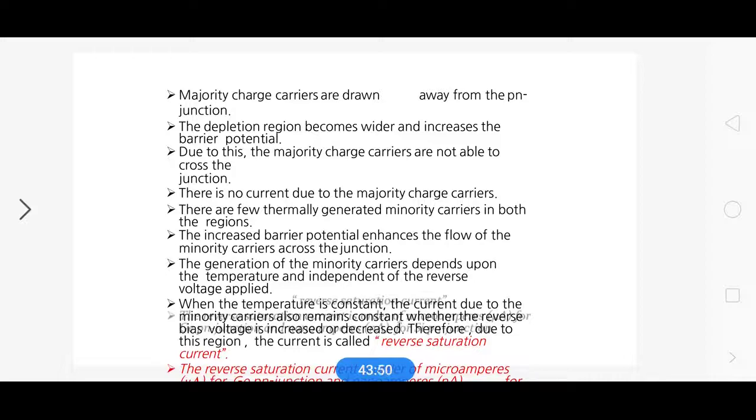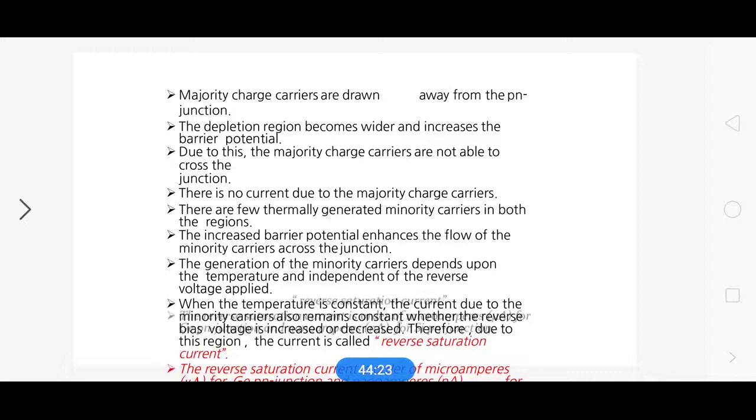As we increase the voltage in the reverse bias, the current due to the minority charge carriers remains constant, even by increasing the applied voltage.